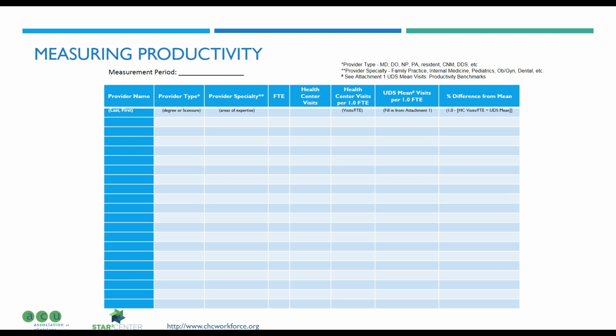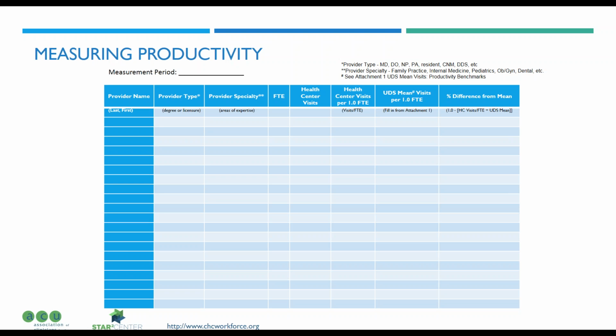If one particular specialty is seeing a lot of productivity and the others aren't, you want to be able to identify that so that you can pinpoint better if you need to recruit a new person. Their FTEs, their number of health center visits, and then the next one is a calculation of visits per FTE, and then we have suggested that a benchmark of the UDS mean visits per 1.0 FTE be used, and we provided it as an appendix in the instructions, not in the template, but in the instructions.